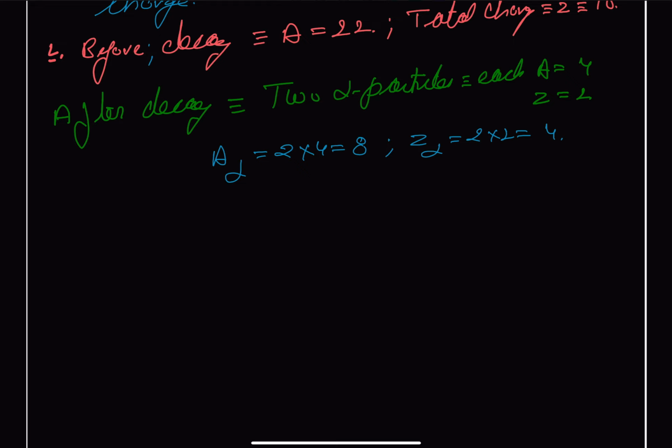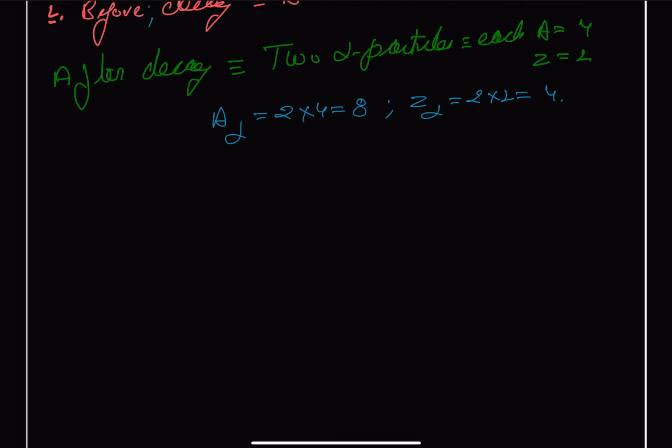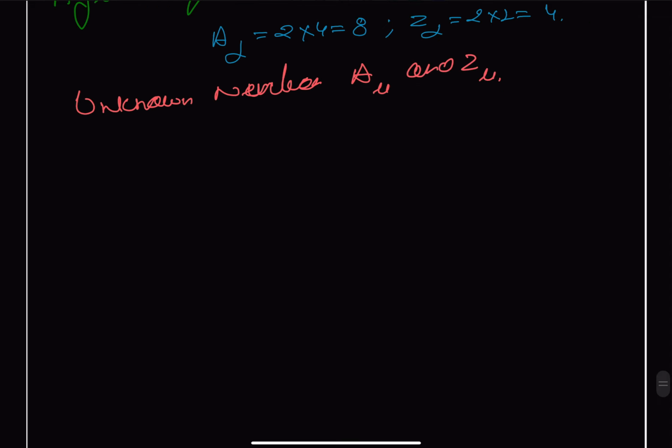And for the unknown nucleus, let us suppose we have A of u and Z of u. So simply by conservation we can write that A of u plus 8 should be equal to 22.